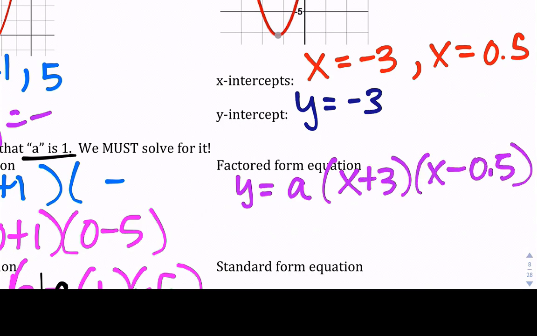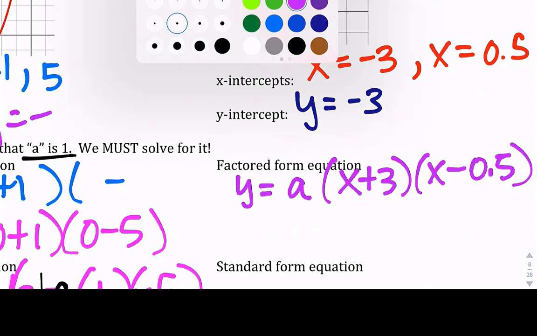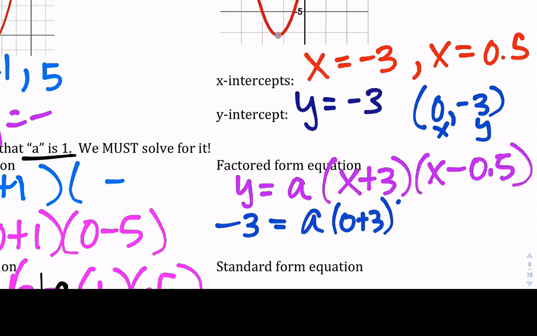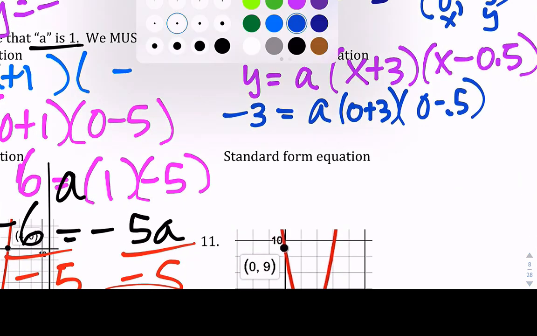We plug in our point. The point that we plug in is the y-intercept, so this is (0, -3). We plug this in for x and y. So we want -3 to equal A times 0 plus 3, 0 minus 0.5, and then we use algebra to solve.